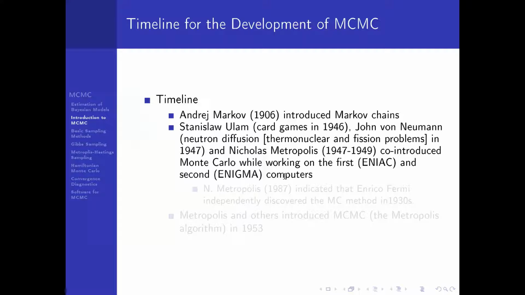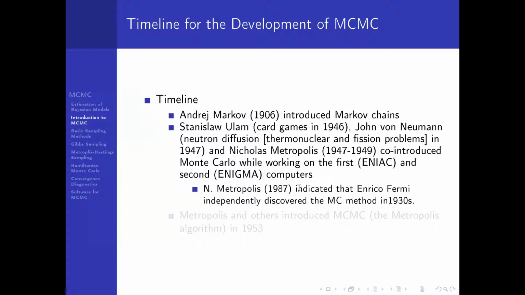John von Neumann, while working on neutron diffusion, that is thermonuclear and fission problems, in 1947, and Nicholas Metropolis, from 1947 to 1949, co-introduced Monte Carlo while working on the first computer, called ENIAC, and the second computer.